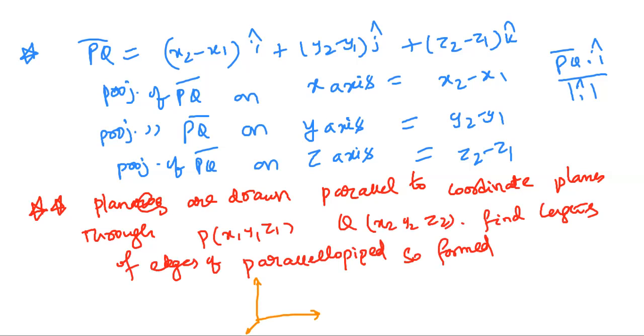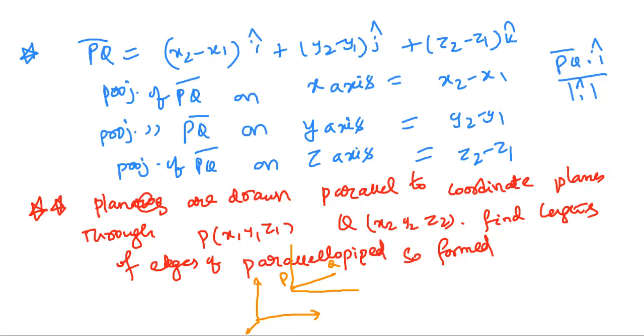So there is this point P, there is this point Q, for example. You want to form a parallelopiped by drawing planes parallel to these planes.